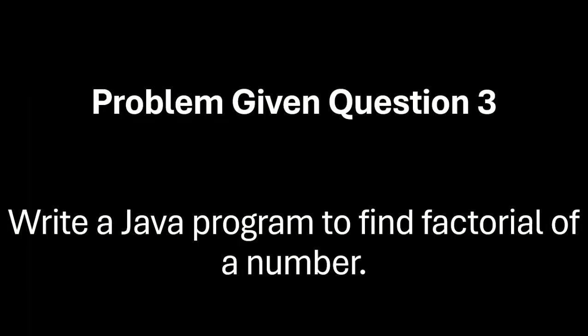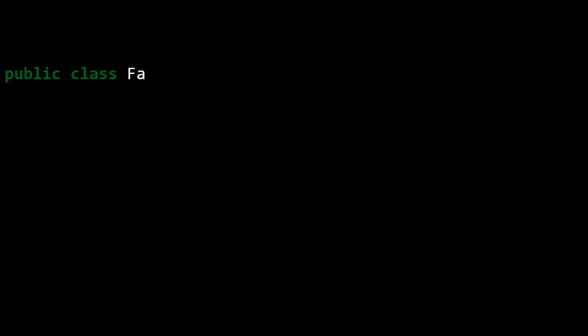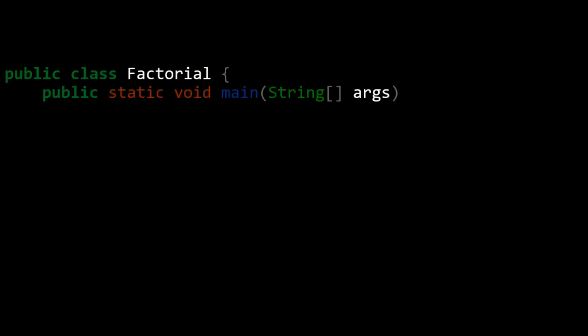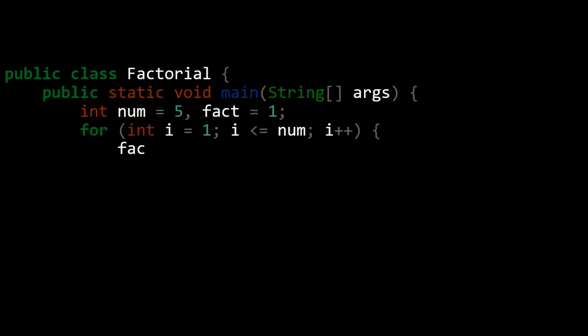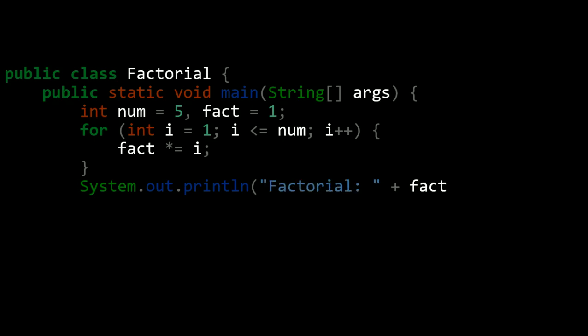So question 3: write a Java program to find the factorial of a number. Again an important one, and here is the solution. The number and variables are given here, then the loop, and you can see you get the factorial.